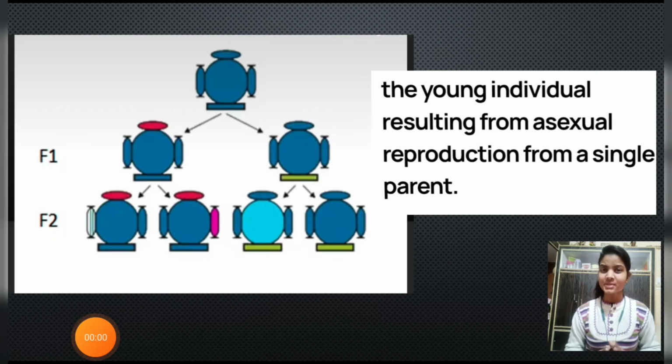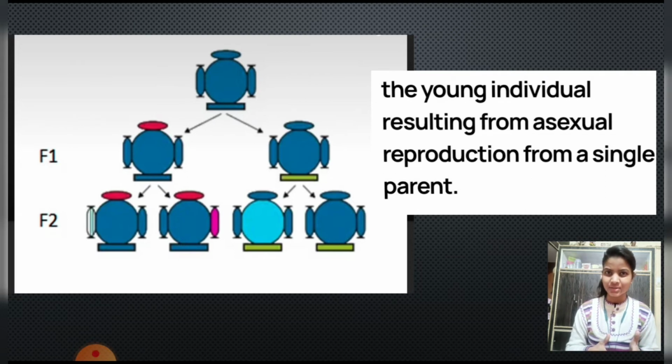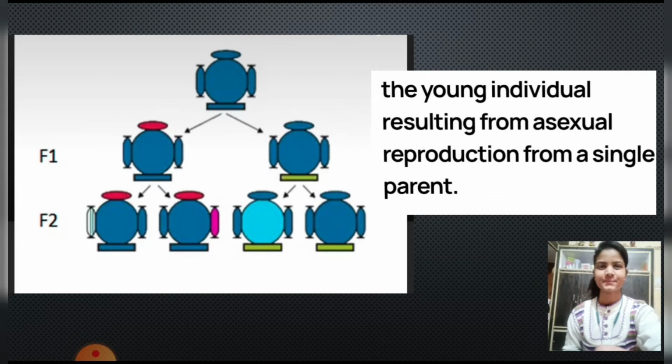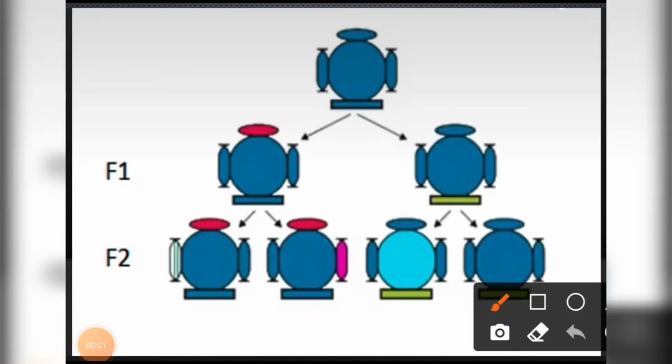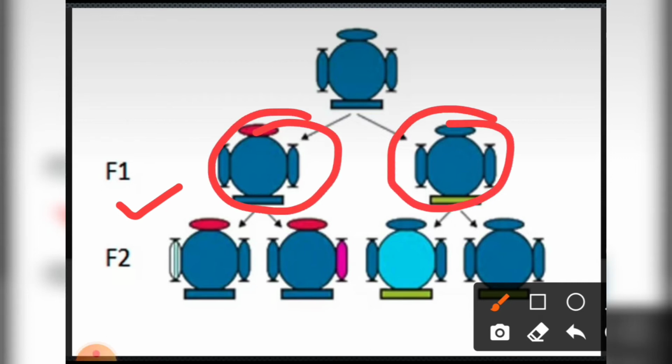If we observe this image, we can see the young individual resulting from asexual reproduction from a single parent. In the first generation, that is the F1 generation, the individuals produced have a similar body structure to the parents.